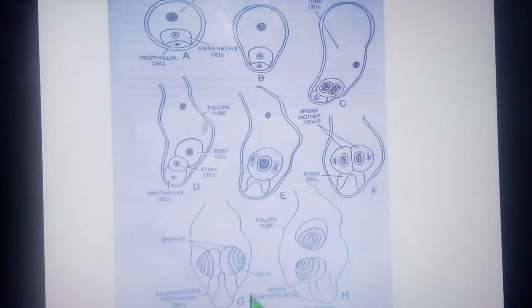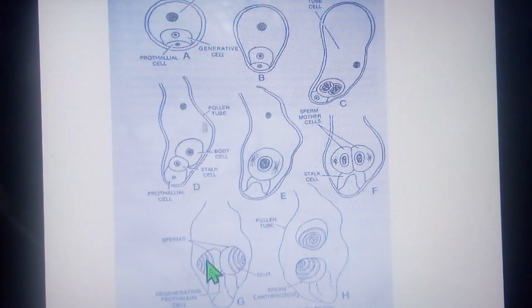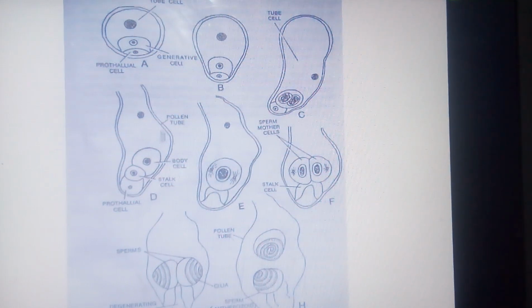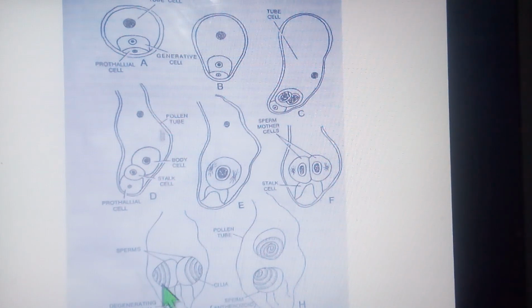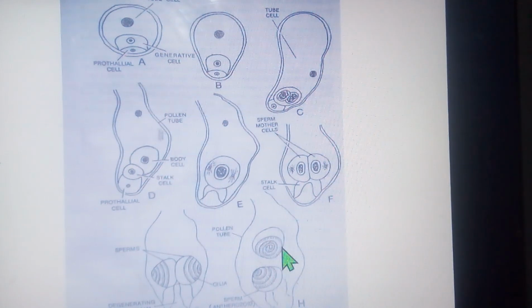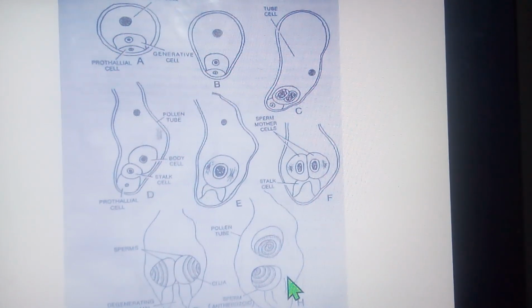Here you can see these are the spirally coiled structures from which thousands of cilia arise, from these blepharoplasts. It actually remains like this for some time, but later on these two sperm cells will get separated, and the sperms will start to swim inside the pollen chamber.